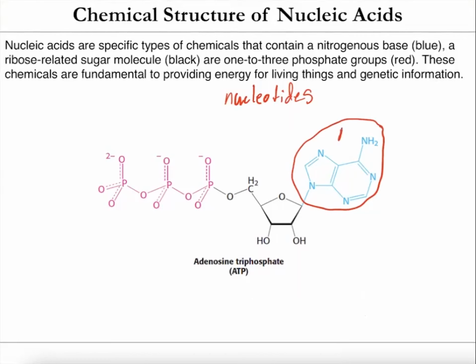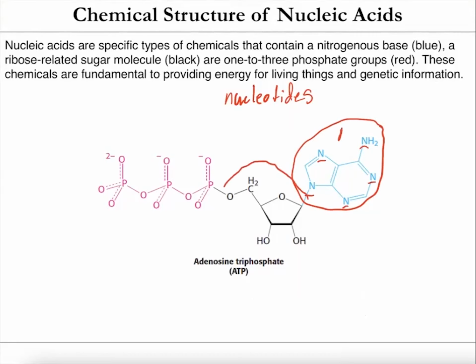And so that's called a nitrogenous base. And these are just specific molecules that have these cyclic rings and they have a bunch of nitrogens in them. So these are called nitrogenous bases. So if you think about DNA, if you've ever heard like there's A, T, C, and G, the A, T, C, and G are just different nitrogenous bases that are going to be at this position.